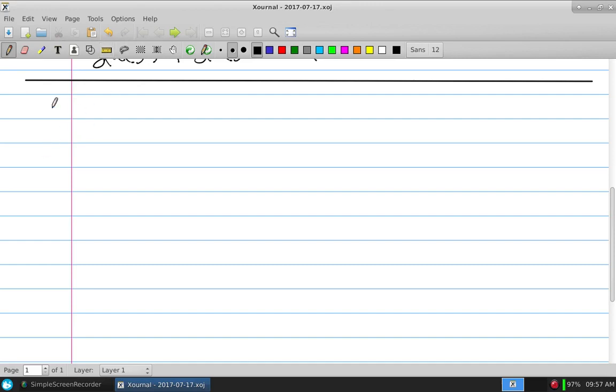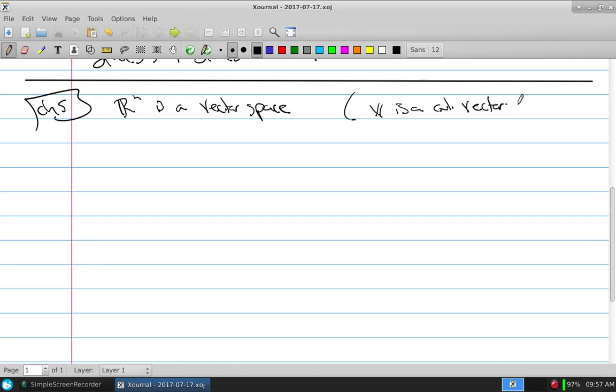We've had, up till now for chapter 5, obviously Rn is a vector space. What makes something a vector space is we would have, for example, v is a column vector. That's my objects, right?